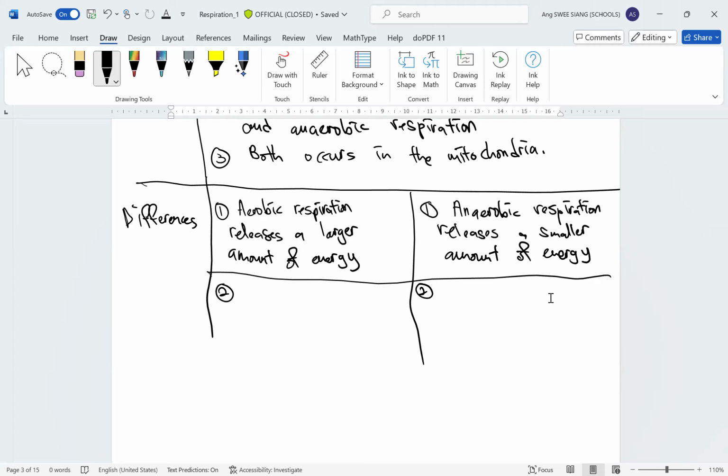So what are the two reactants? We already identified glucose as a similarity. So what is the difference now? Yes, very good. Aerobic respiration requires oxygen to occur.